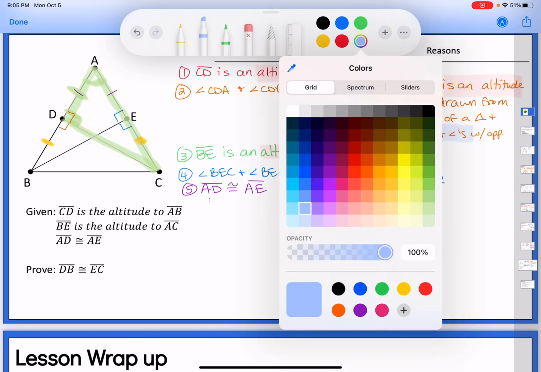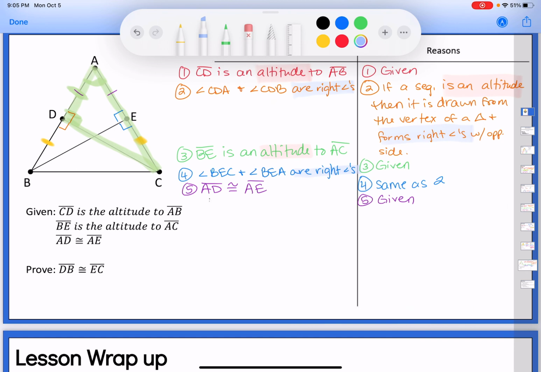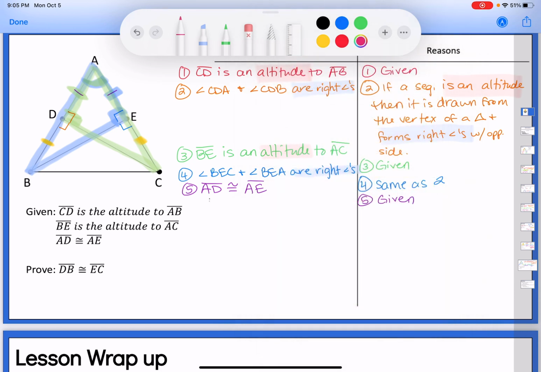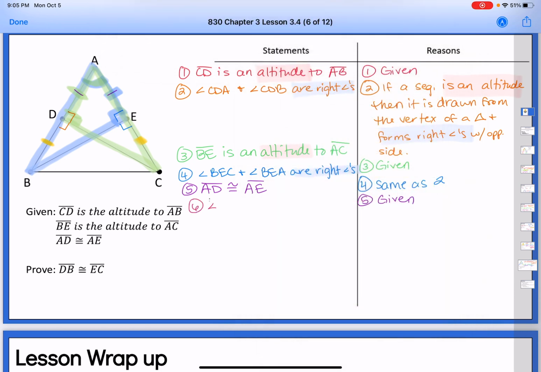And then over here in this blue triangle, I have a right angle here, I have this segment, and I have angle A. I notice that angle A is overlapping there, right? So I could say, step 6, angle A is congruent to angle A by the reflexive property.